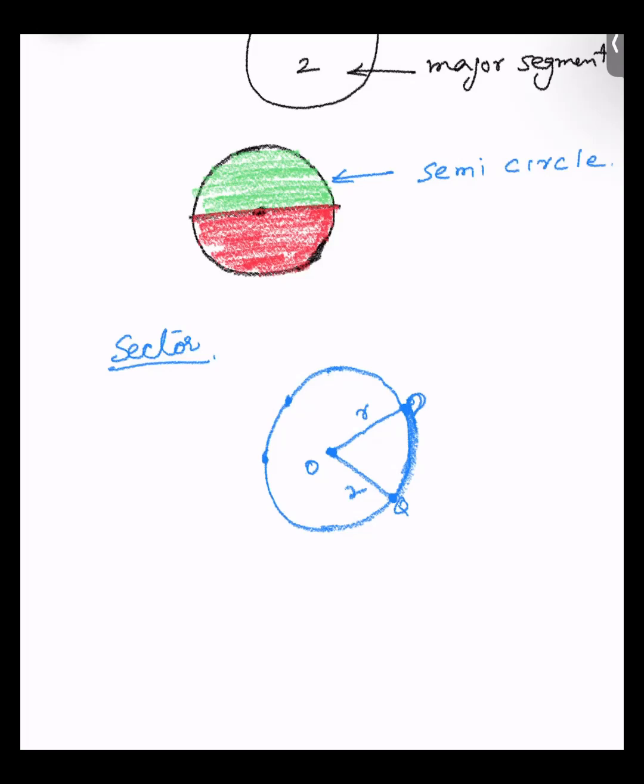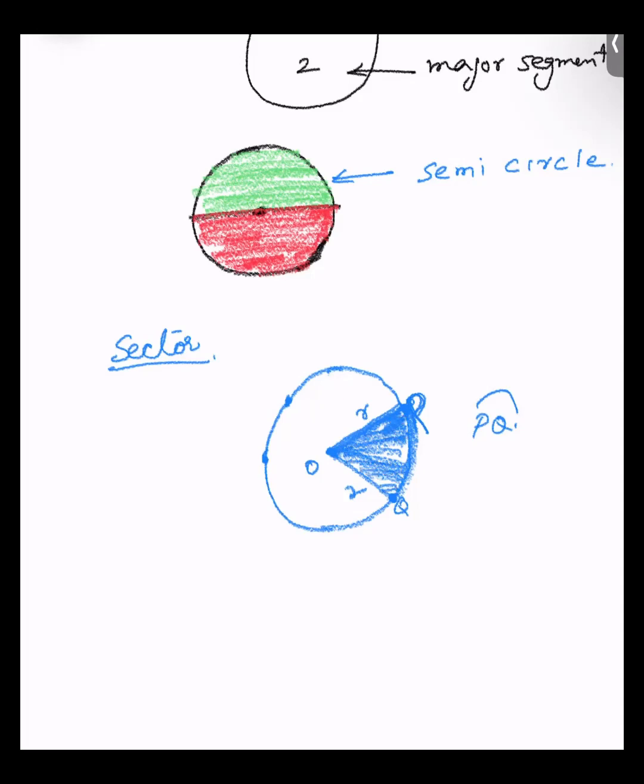OP is one radius, OQ is another radius. So definitely PQ is an arc, arc PQ. Now the area enclosed by two radii and an arc.